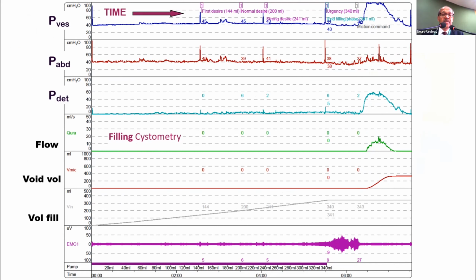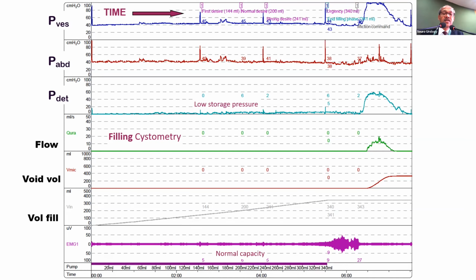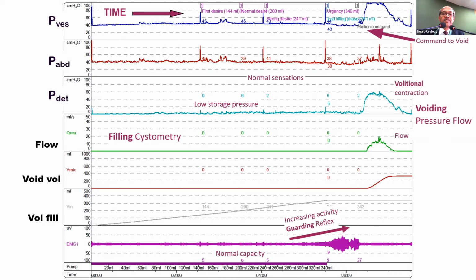As the bladder fills up, there's a low storage pressure. There are neither phasic rises in pressure nor a progressive rise. There's a normal capacity, age appropriate, and normal sensations. That's the point at which the patient is given the command to void. That's the voiding pressure flow: a volitional contraction, a flow, and you can see the sphincteric activity becomes silent.